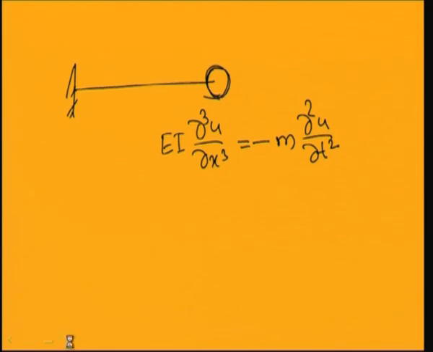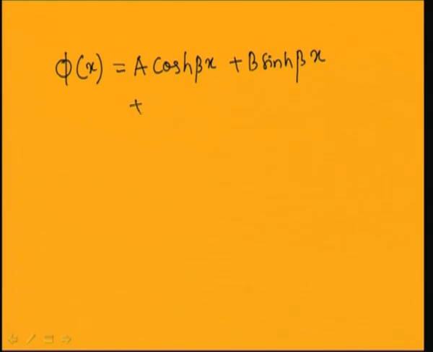Already you got the general expression for the mode shape, that is phi(x) = A cosh βx + B sinh βx + C cos βx + D sin βx.